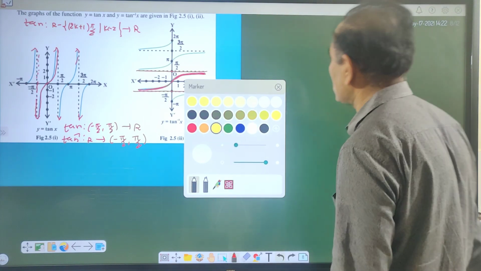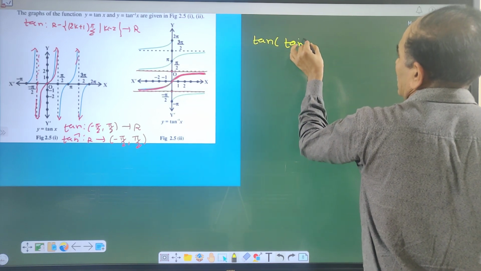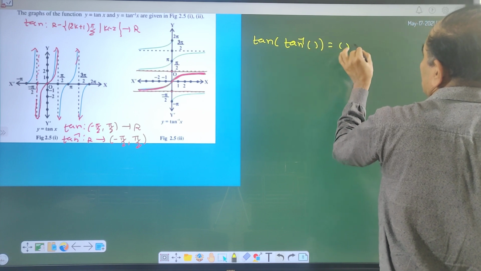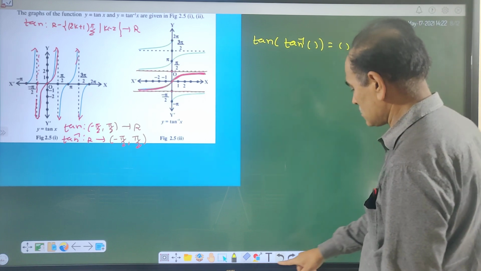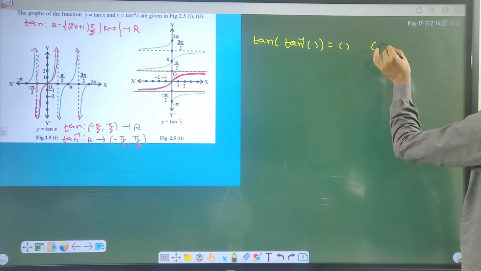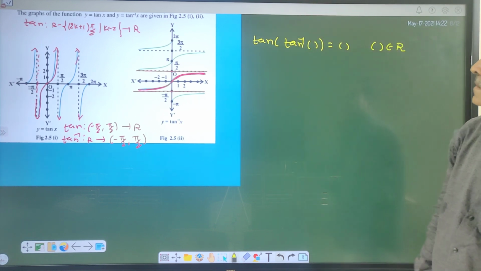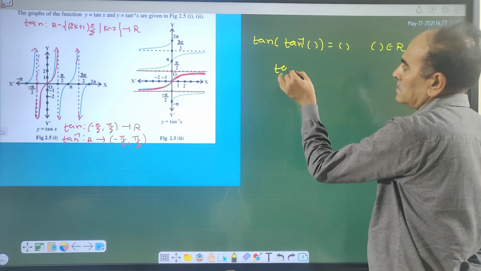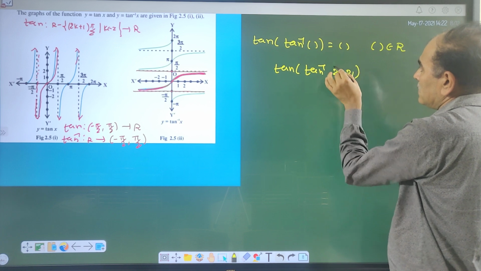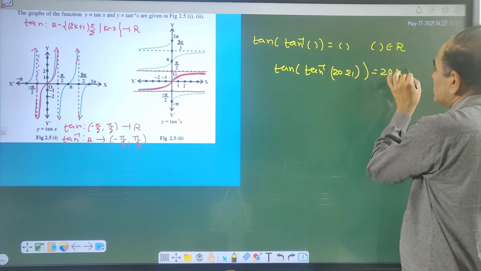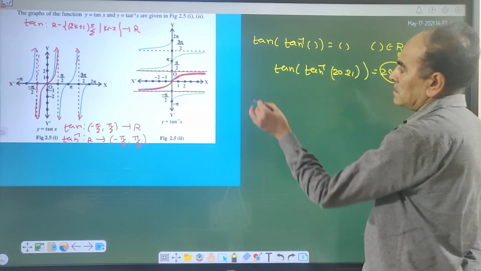Now, how are we going to remember it? Tan of tan inverse of something is equal to that something only when that something belongs to R. For any real number it is defined. So we can write tan of tan inverse 2021 is equal to 2021, because that is in R. Next one.